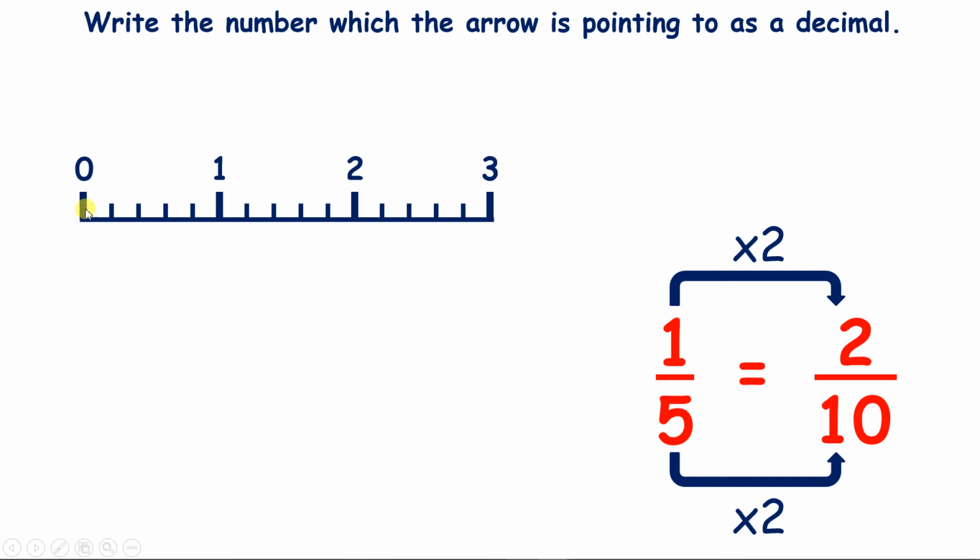So we can count up 0.2, 0.4, 0.6, 0.8, 1, 1.2, 1.4, 1.6, 1.8, 2, 2.2, 2.4, 2.6, 2.8, 3.